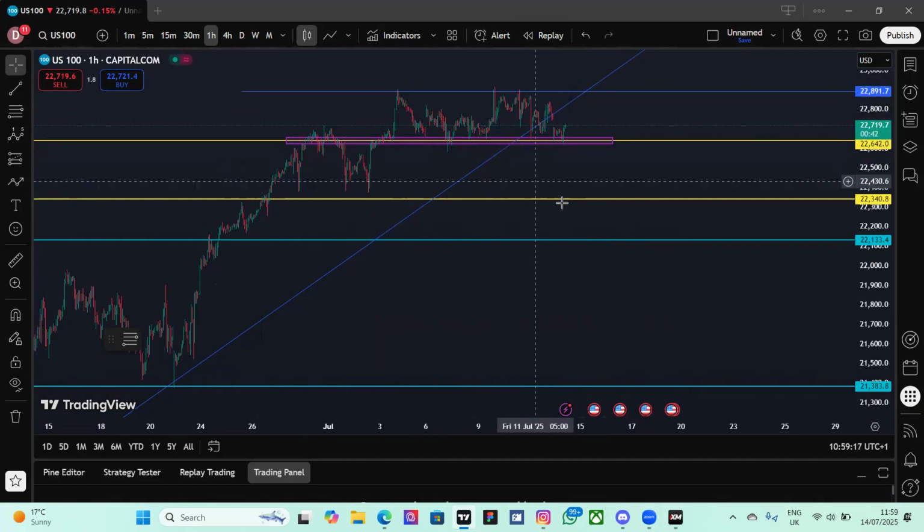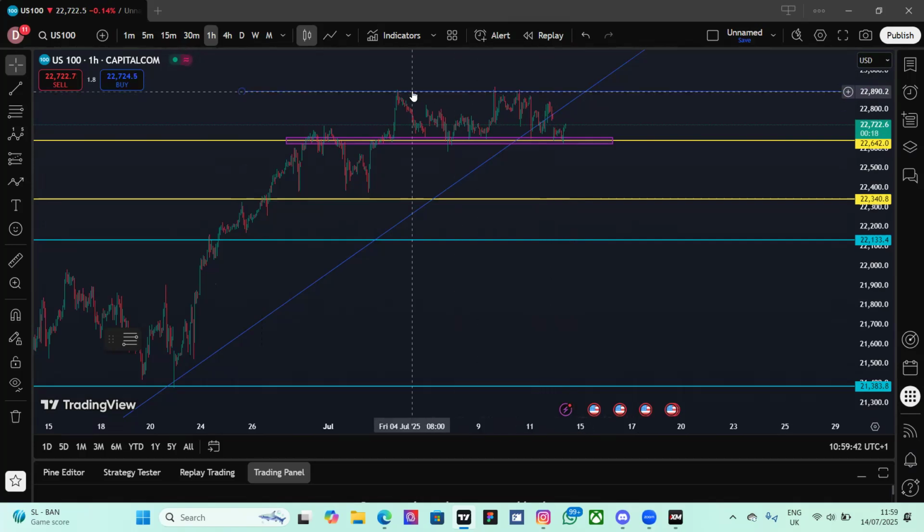So now we are in a consolidation zone, which is around here. Potentially what we could be expecting, if we break the support level that I highlighted on the 4 hour, is that we could maybe break through this resistance up top here, which is 22,891.